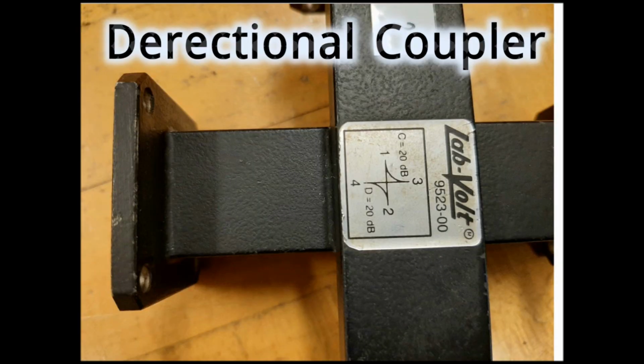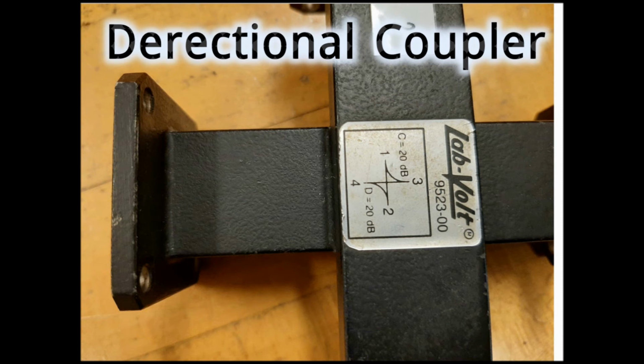The picture shown here is a directional coupler. This device is used to measure the branching off or reflection of a signal. So if you use a short circuit or a resistive load at the end of a microwave circuit, some part of the signal will be reflected back, like a light wave.